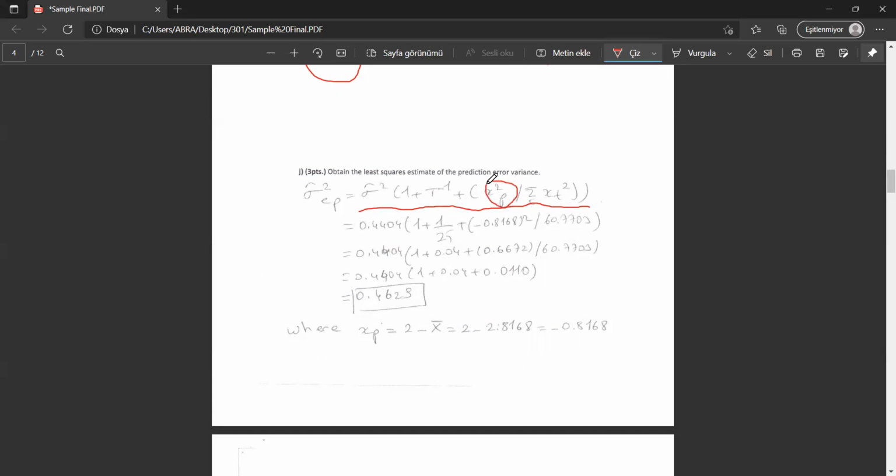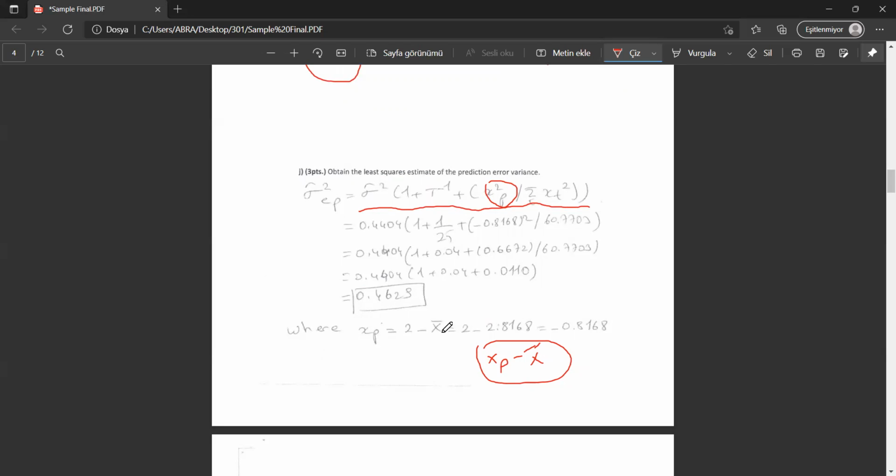Here, this thing is like the predicted x, the future value of x minus x bar, okay? The meaning of this is this. So you can find this by this, 2 minus x bar, okay?